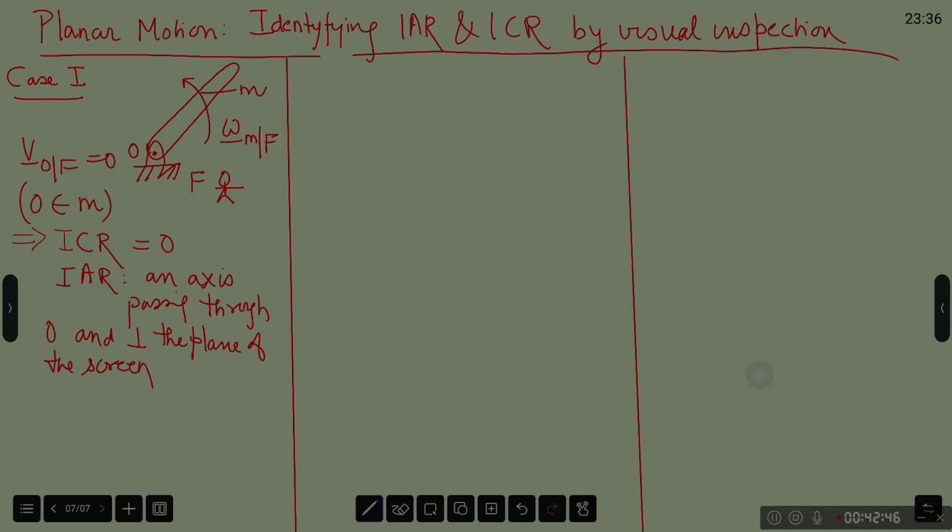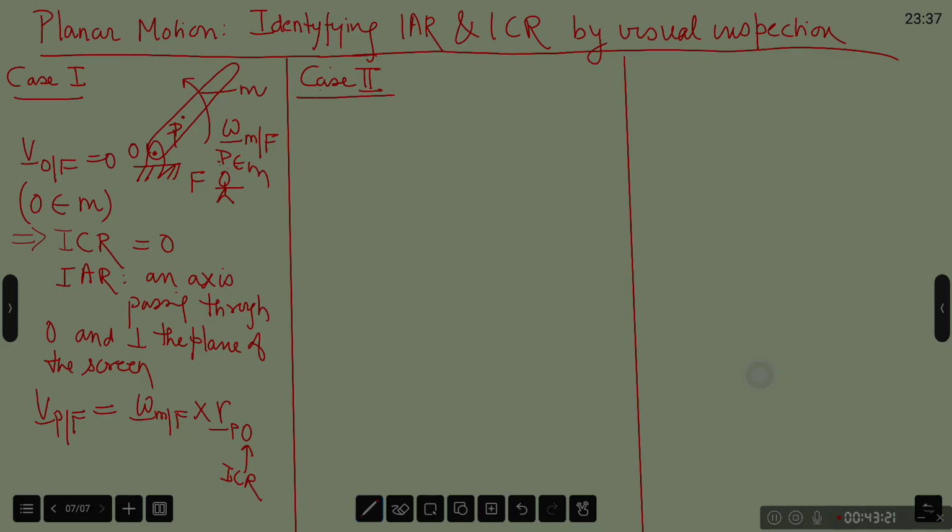And then if you have any particle P belonging to the body, clearly VPF can be written simply as omega MF cross RPO. O is the ICR. A very simple case, or rather the simplest of the three cases that I am going to show.